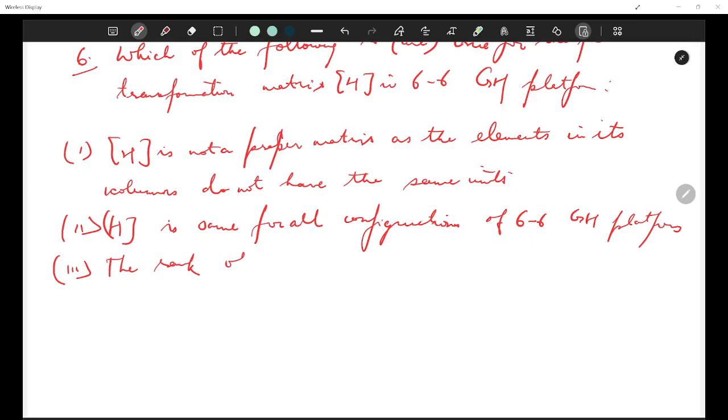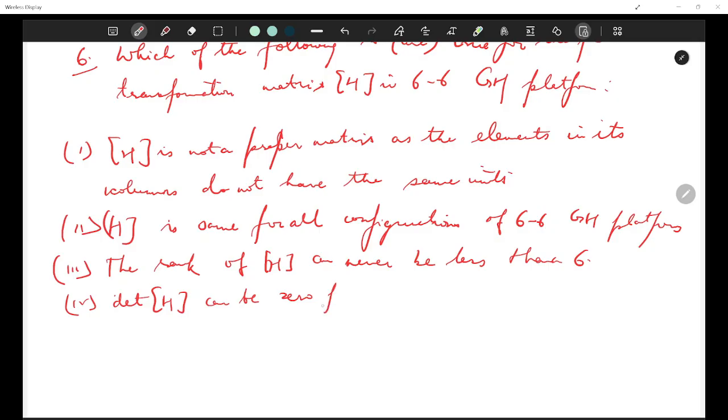The rank of H can never be less than 6 and the determinant of H can be 0 for certain leg arrangements.